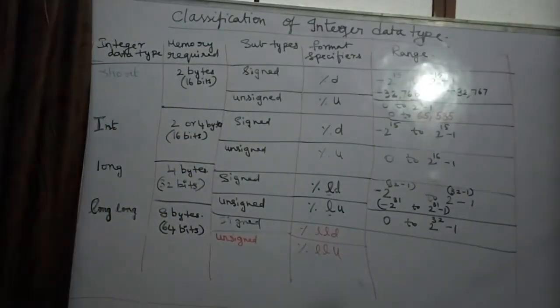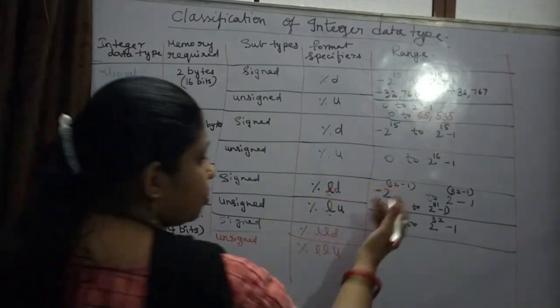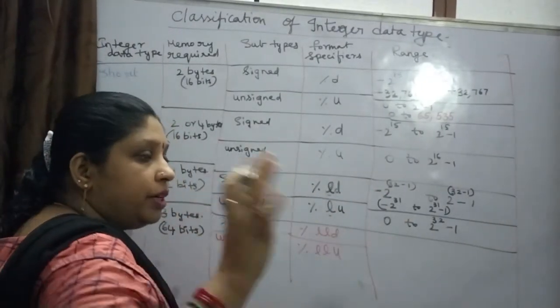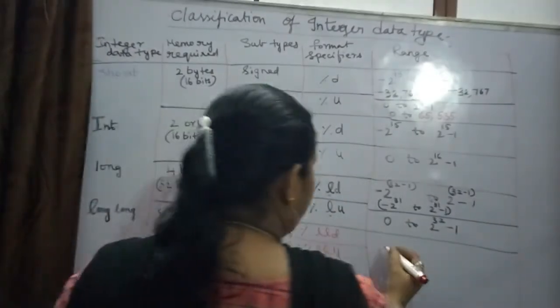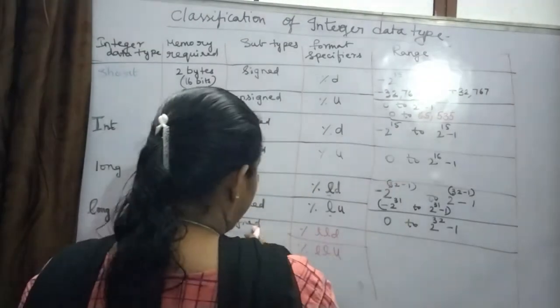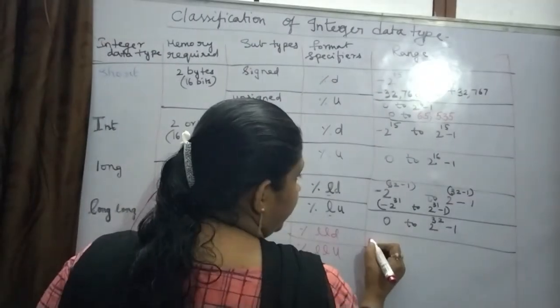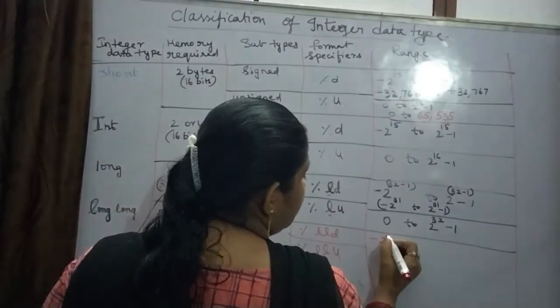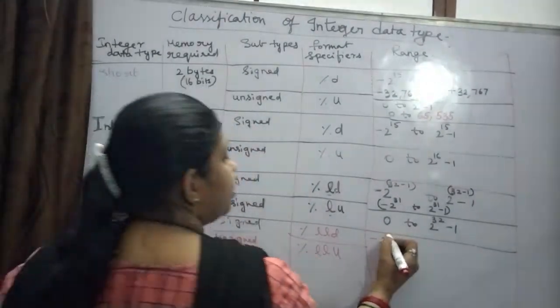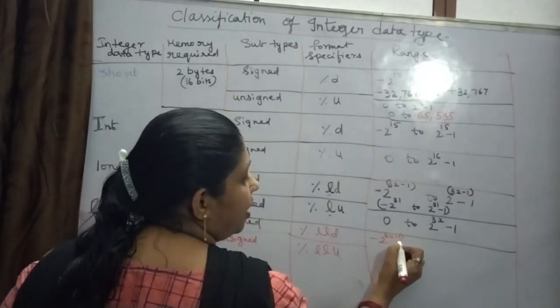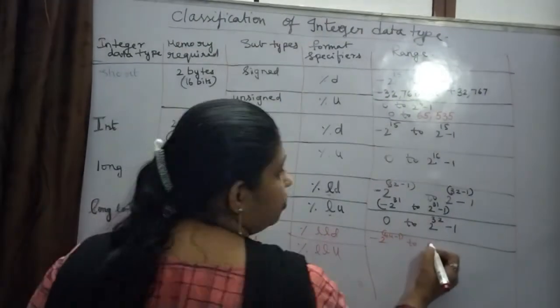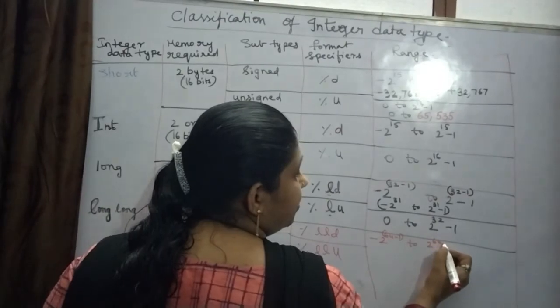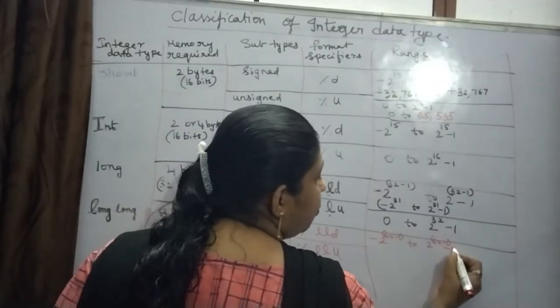Now the range of values will be the same as before, you only have to calculate, but only the number of bits will differ. So for signed, you are going to get 2 to the power of n, which here is 64 bits. So 2 to the power of 64 minus 1 and whole minus 1.